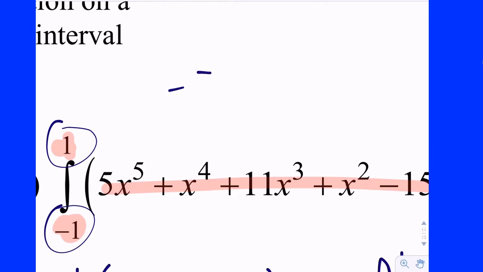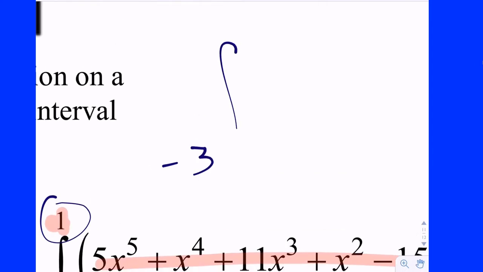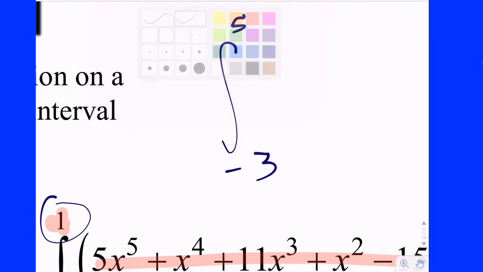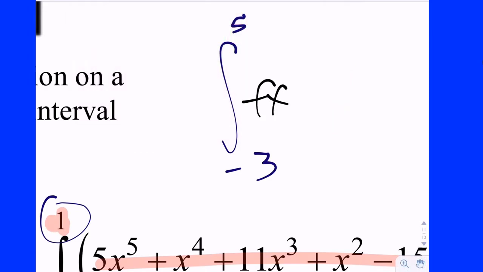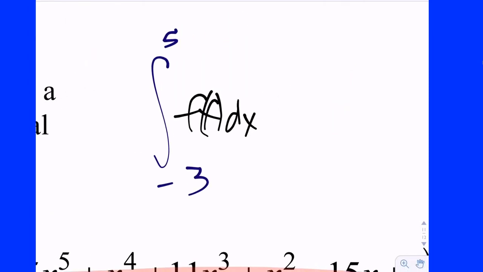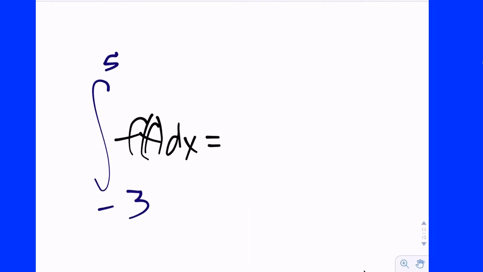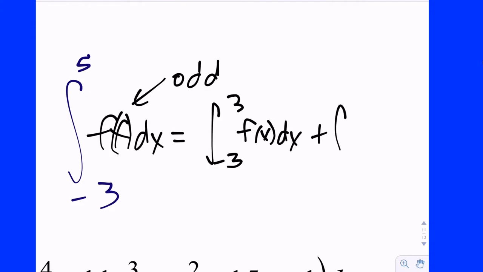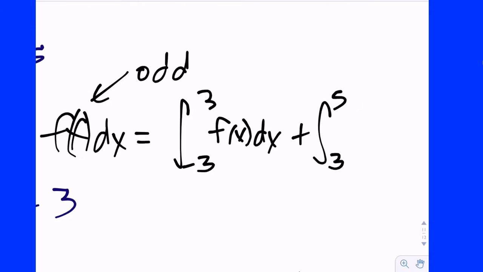Like if I was going from -3 to 5, and you realize that f of x is odd, and it's not a symmetrical interval, you could use the interval property, right? You can go from -3 to 3, and then you can go from 3 to 5.